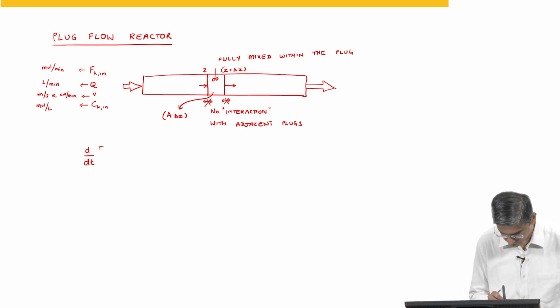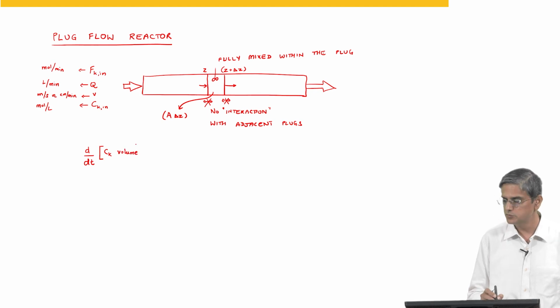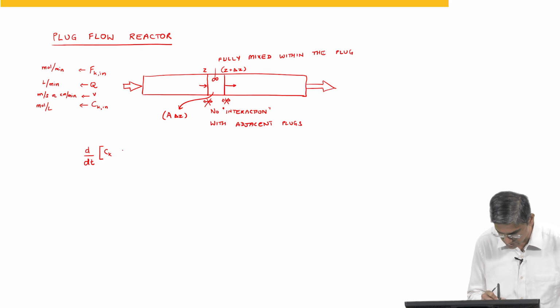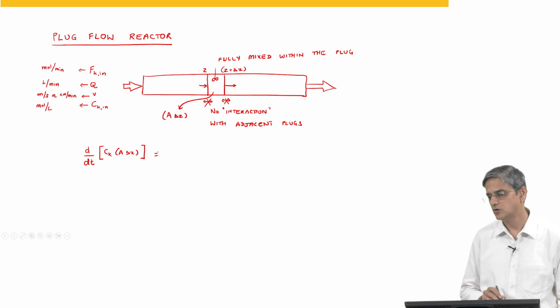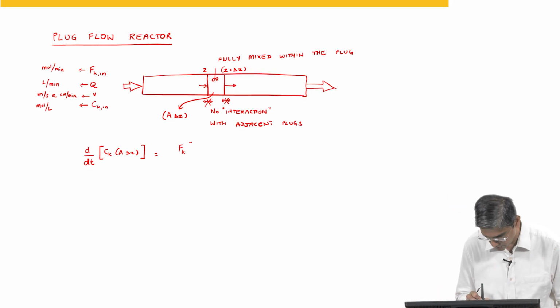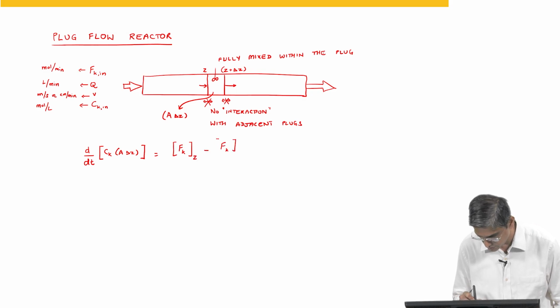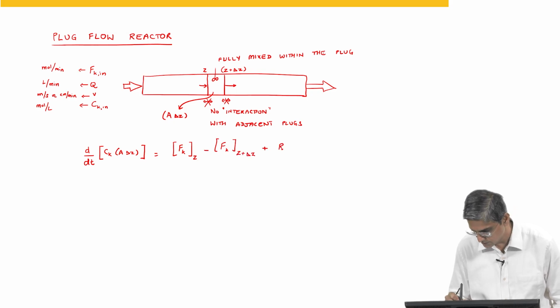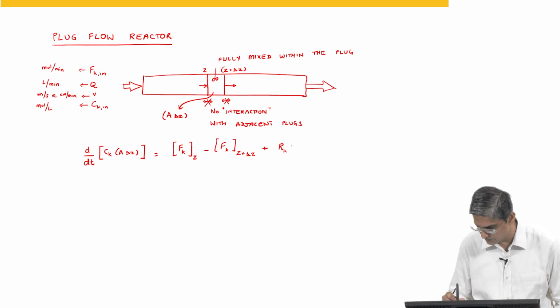Then d by dt of Ck multiplied by the volume of the control volume, which is A delta Z, equals rate in, Fk at Z, minus rate out, plus Rk multiplied by volume, and the volume is A delta Z.